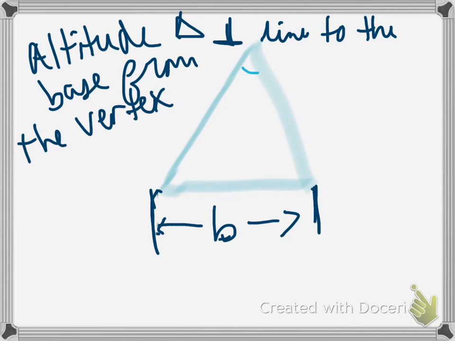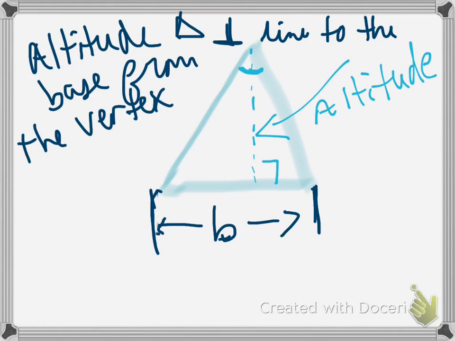Okay, you should recall the vertex is this top angle. So it's going to come down, it's going to make a right angle to the base. This is your altitude. And your altitude is going to be equal to your height.